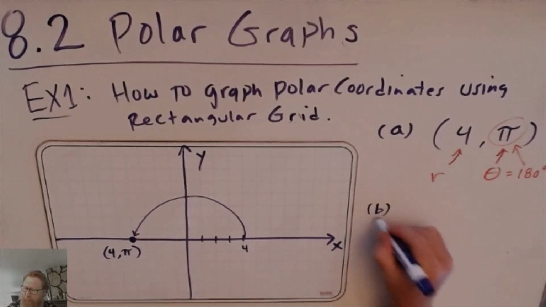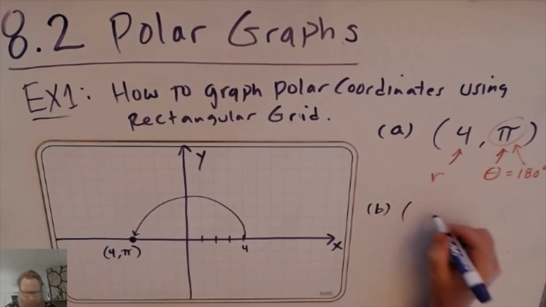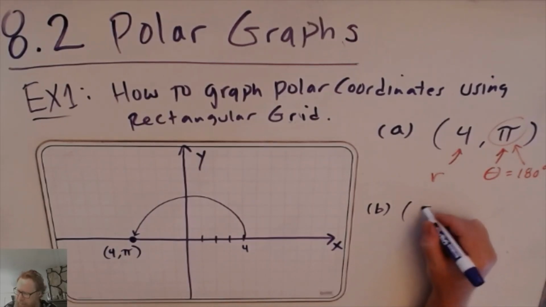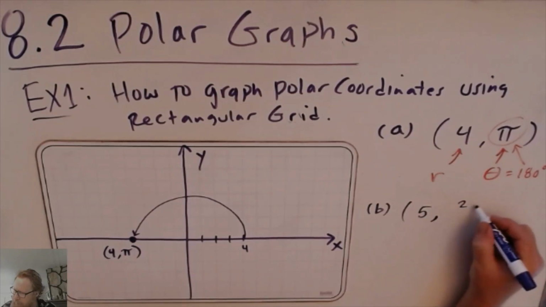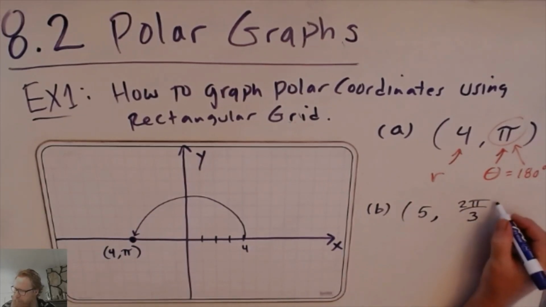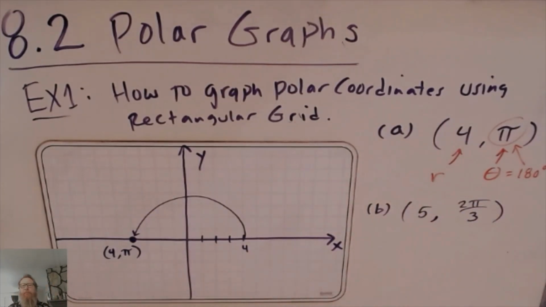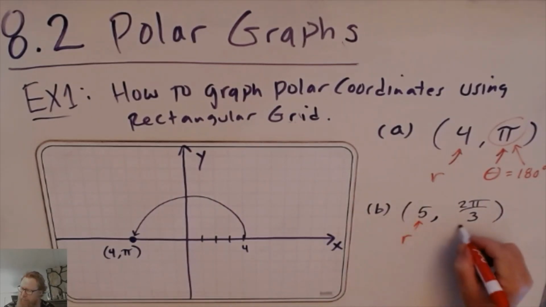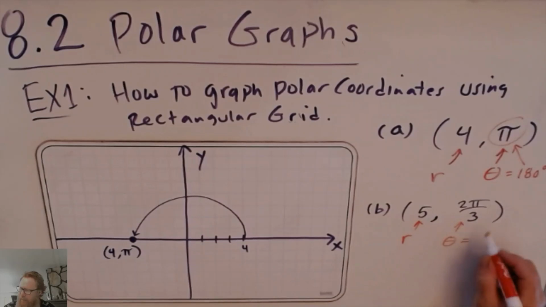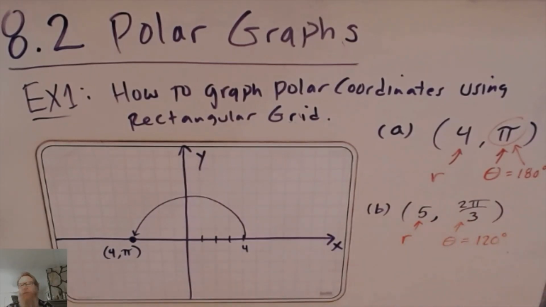Let's try another one. How about 5 and 2 pi over 3. So this time the radius is 5 and the angle theta is 2 pi over 3. That's 120 degrees.